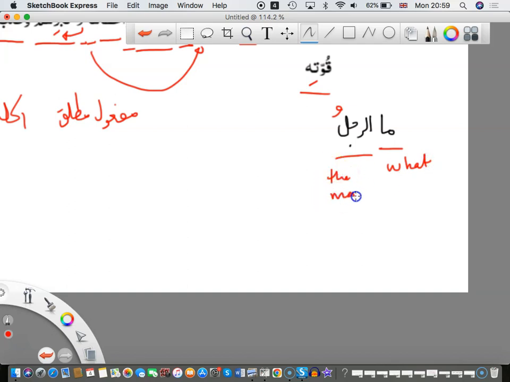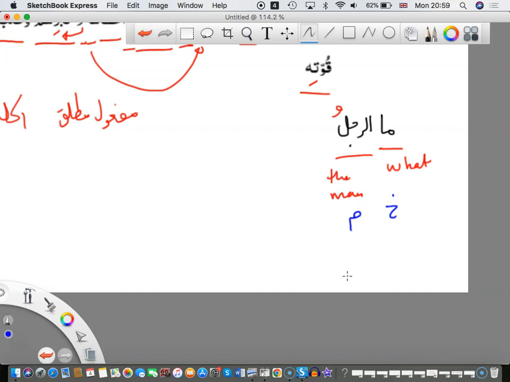Okay, now identify for me the mubtada and the khabar. Which one is the mubtada? Which one is the khabar? Ar-rajul is the mubtada. And then by default, ma has to be the khabar. What was the rule I told you here about the ma one? Yeah, the ma'rifah has to be the mubtada.